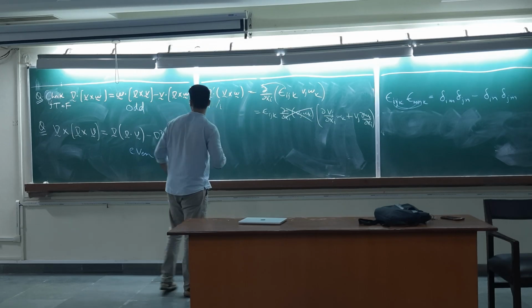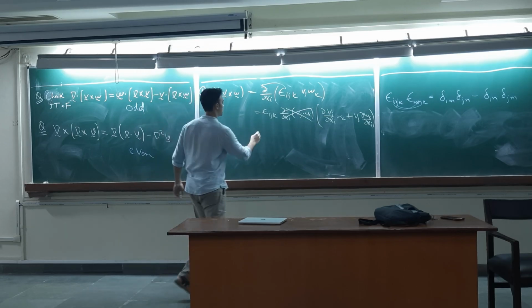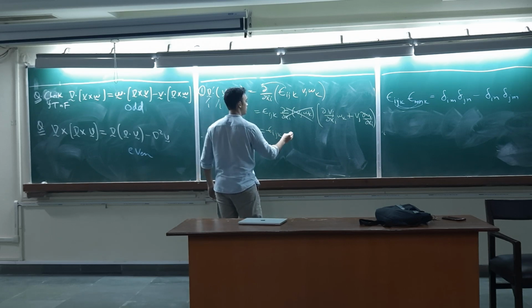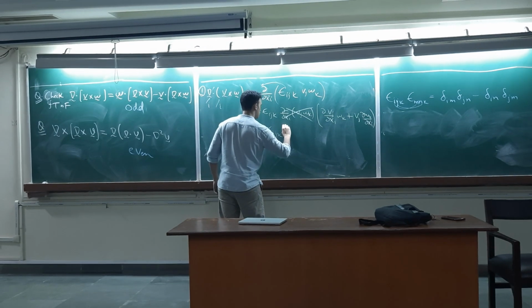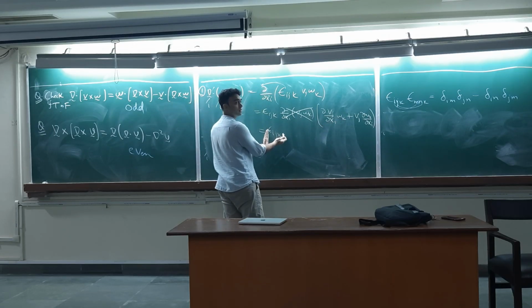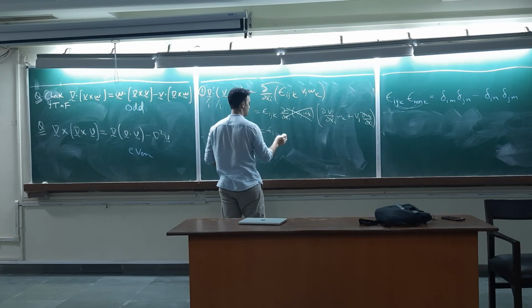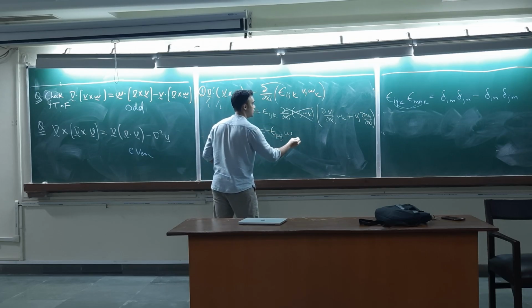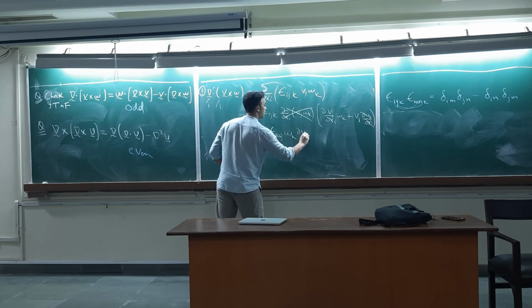Now, what you have to do is just look at the two constituents. Epsilon ijk, this is k, this is ijk. So you can shift it. What can you write? Minus epsilon kij Wk.